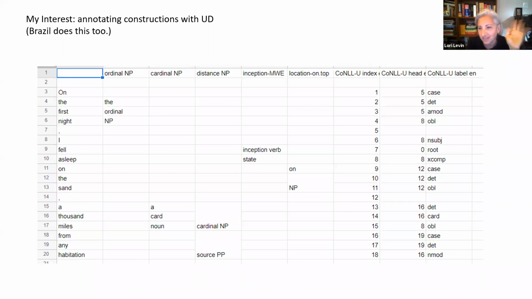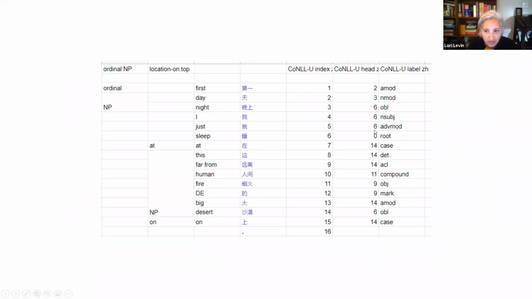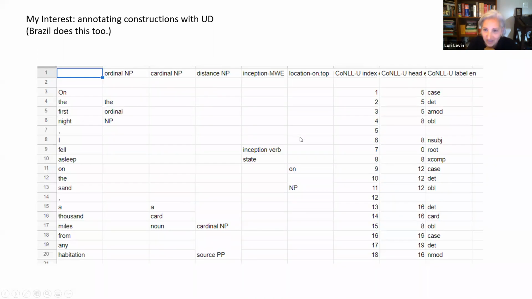Okay, I got the numbers wrong. I'm not sure what I did with the numbering there. Okay, "on" depends on "night", "the" depends on "night", "first" depends on "night". And the head verb of the whole thing is "fell asleep", is "fell", and so on.